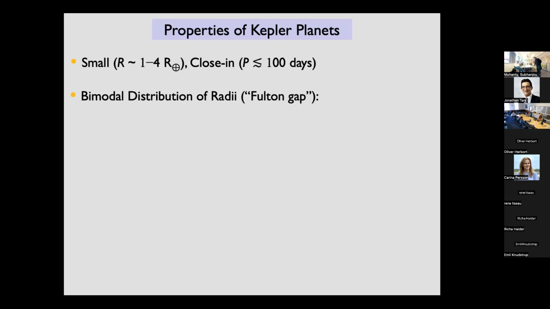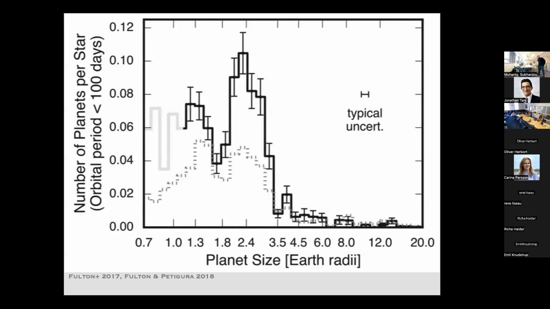The other interesting thing about them is they have a bimodal distribution of radii. So if you look at that, you'll find, so these are the number of planets per star at orbital periods of less than 100 days. And so the histogram of those in terms of the planet size, the radius of the planet in Earth radii. And you see clearly that it's got 2 sharp peaks, or 2 obvious peaks, and in between them an equally obvious gap.